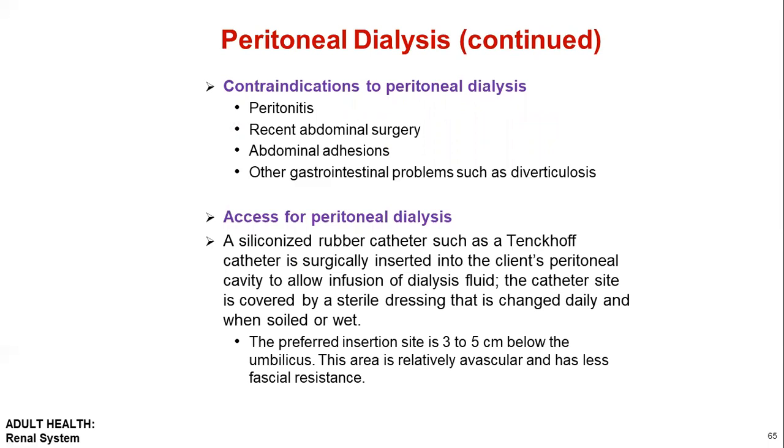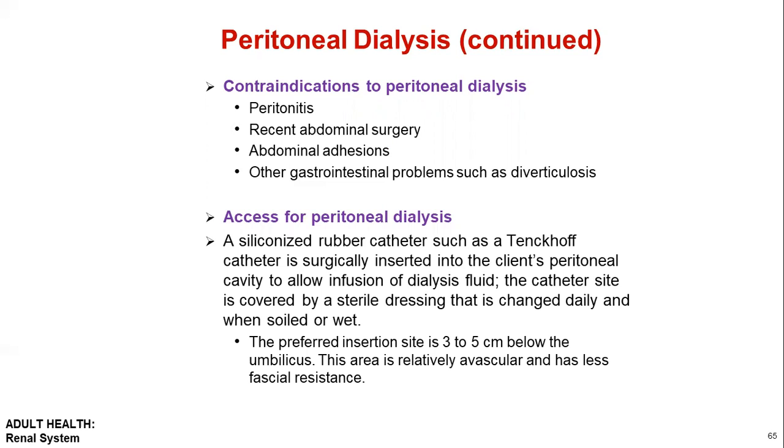So if your patient has peritonitis, we do not allow peritoneal dialysis. Also if the patient has recent abdominal surgery or abdominal adhesion or other gastrointestinal problems such as diverticulosis.